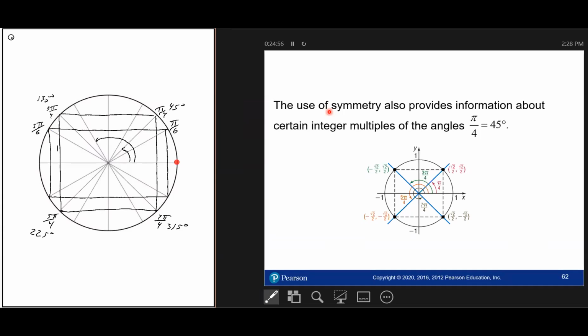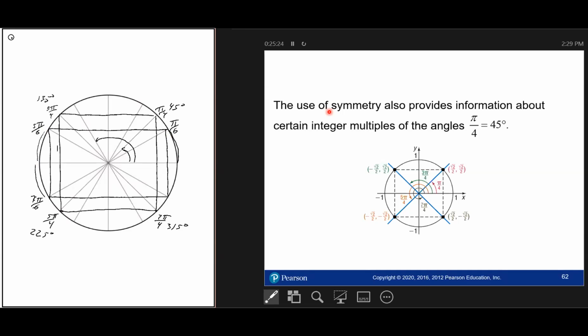This is 1/6 more than 0, and this is 1/6 less than pi. And this is 1/6 more than pi, which is 7/6, and the one over here is 11/6 pi.